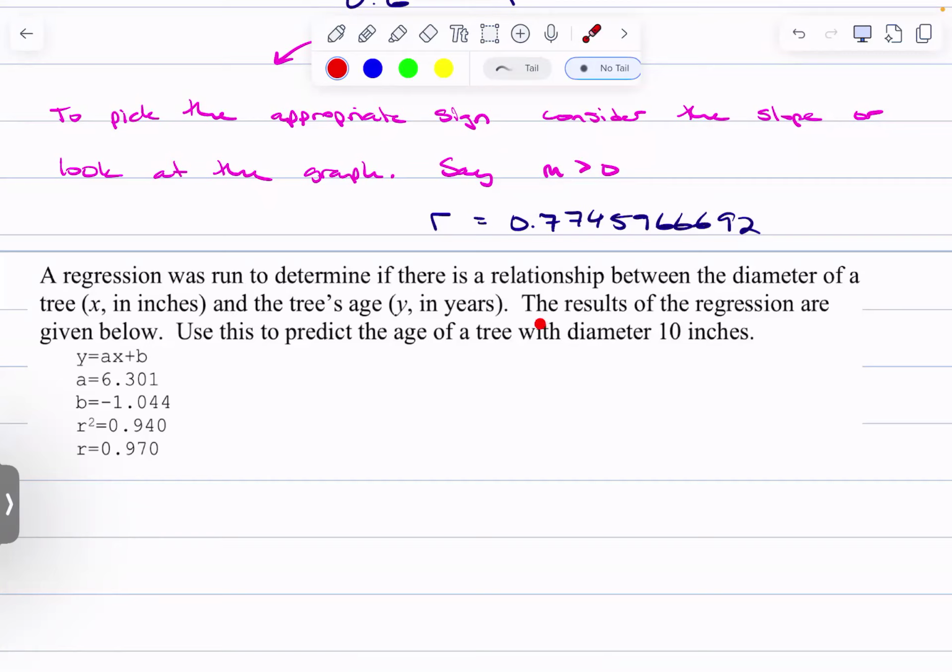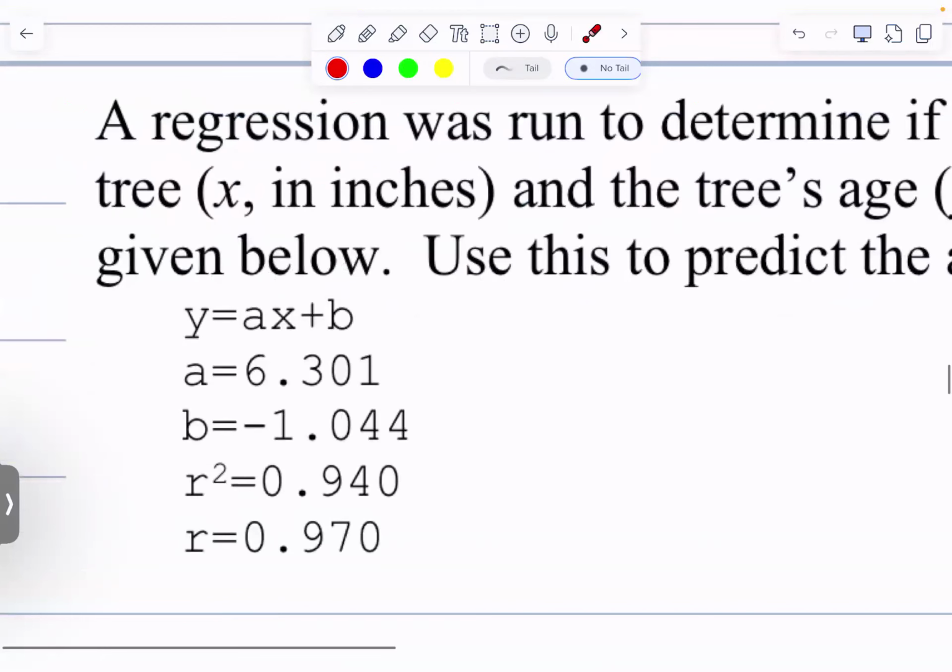We'll find out. The results of the regression are given below. Use this to predict the age of a tree with a diameter of 10 inches. Okay. We're told that X is the diameter and the ages are Y. Okay. And then we're given this kind of cryptic output, but it actually does tell us everything that we need.